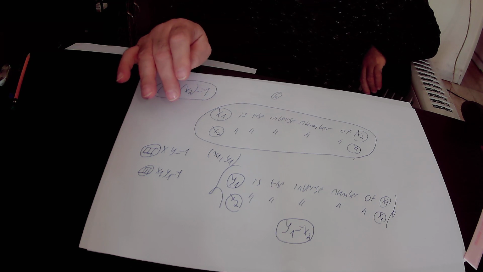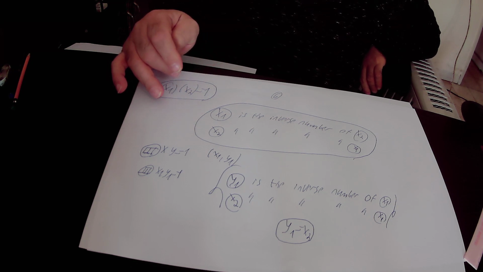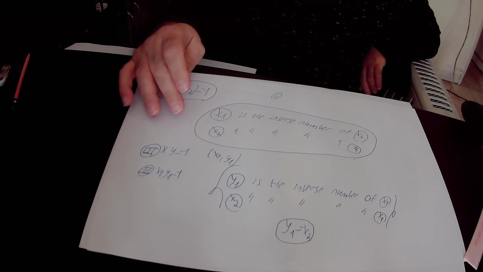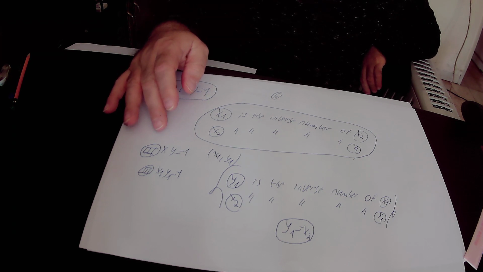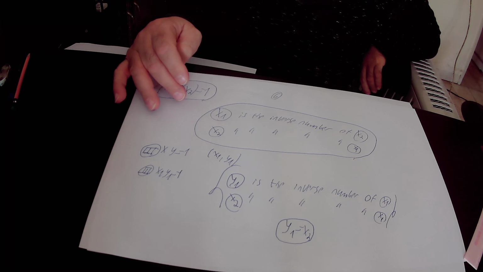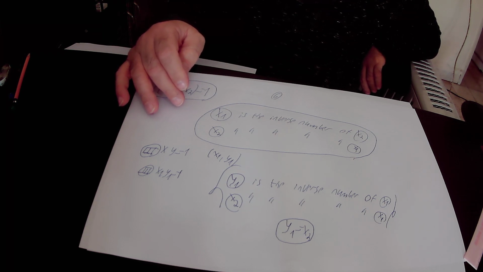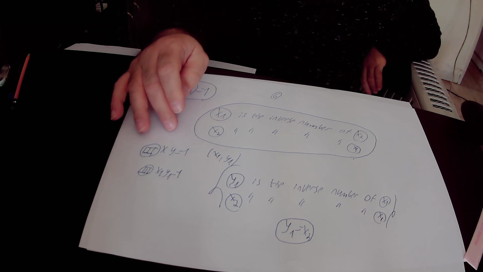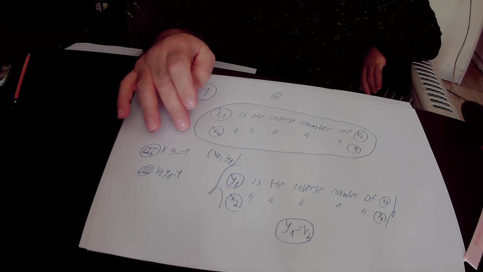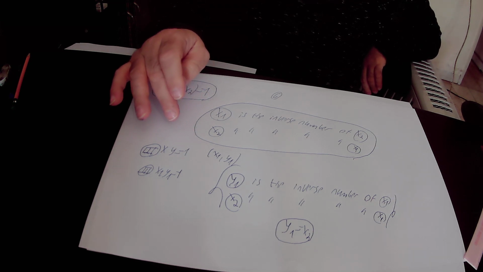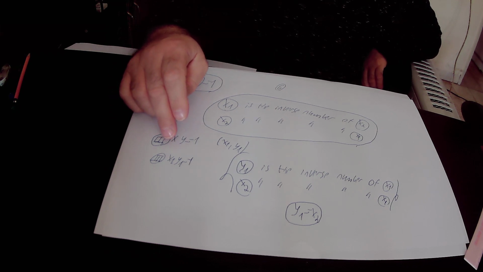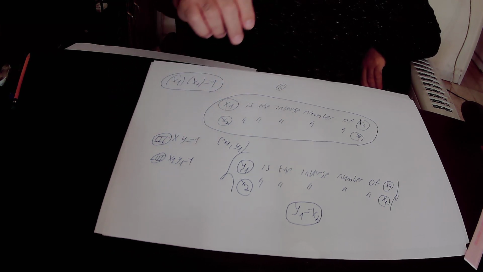If we put the solutions of our problem in equation number 3, we have two possible solutions. x1 and y1 is the first solution for x and y, and the second solution is x2 and y2. So we put the first solution in equation number 3, that is x equals x1 and y equals y1, and we get equation number 3 stating that x1 times y1 equals 1.